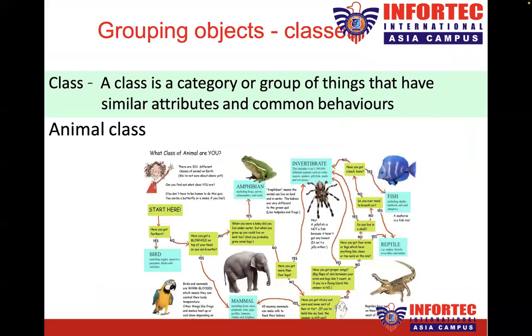Now we are going to discuss classes. So in a class, we collect similar objects and put these objects into one specific place, and then we call it a class. Say we have 10 babies.